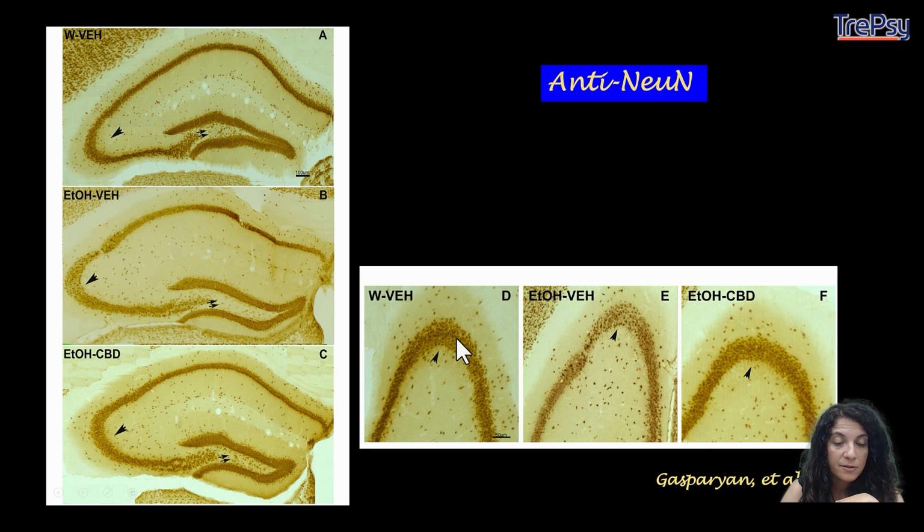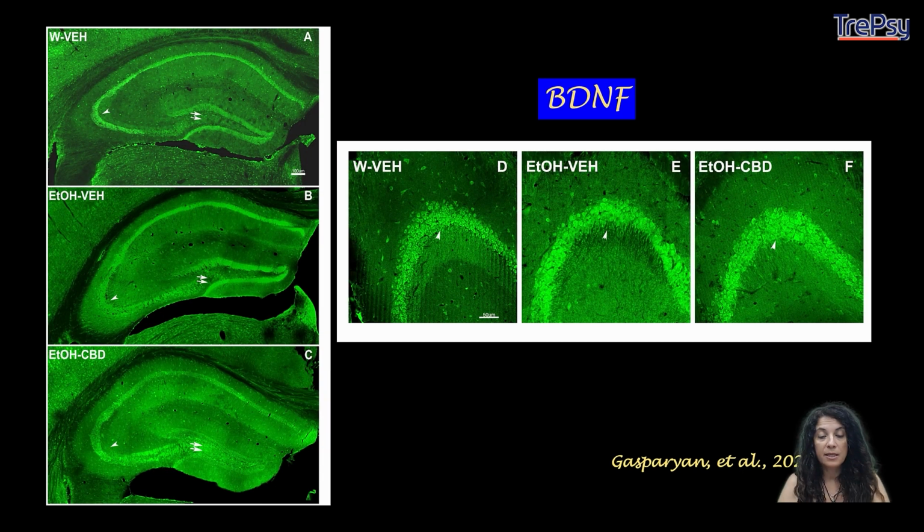In the first case, you can see the vehicle animals. Here we have different fragments for the animals, and you can see the mature neurons. Here, in this part of the hippocampus, we can see the pyramidal cells labeled.